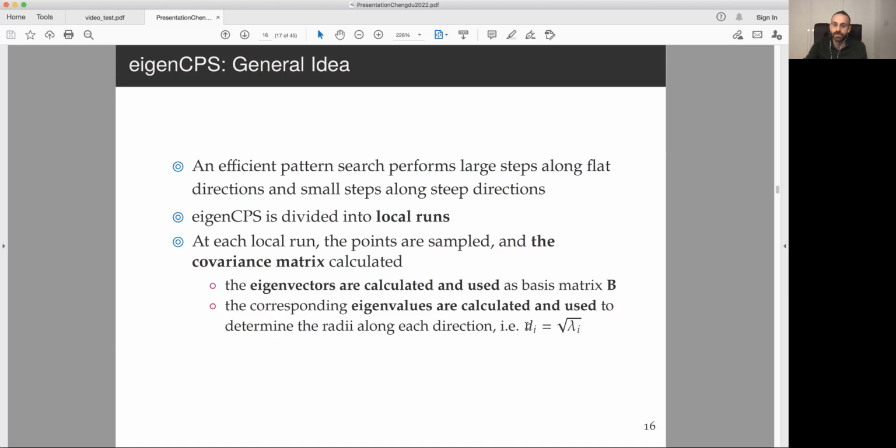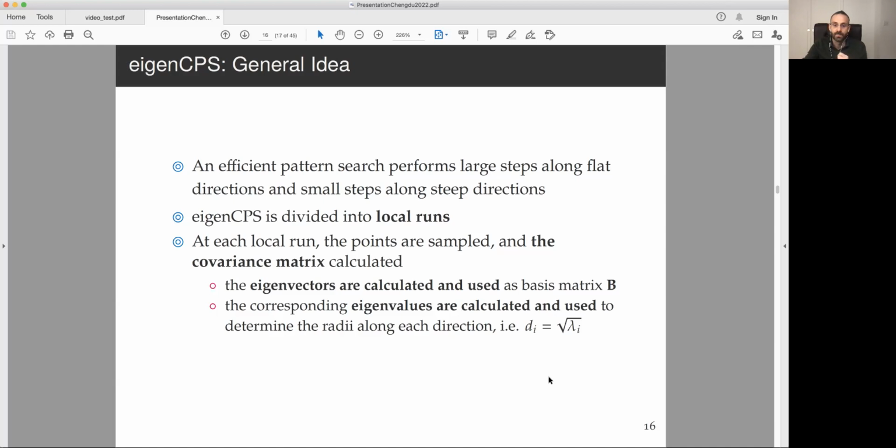And the connection is given by this formula. We'll see what it is, but let's say this is related to step size, is equal to the square root of the eigenvalue lambda. So along the direction identified by the eigenvector pi, I'm going to use a step size which depends on the corresponding eigenvalue.